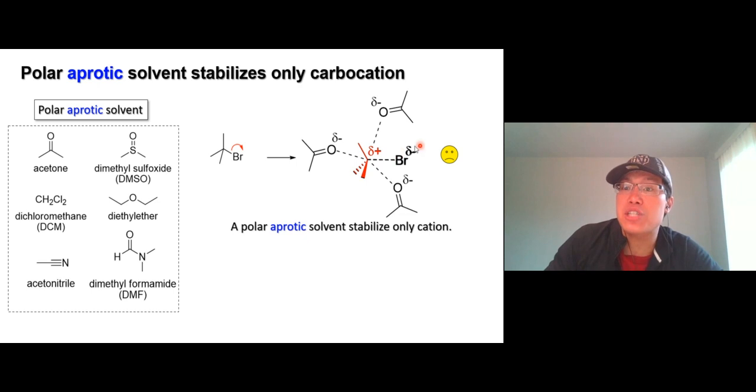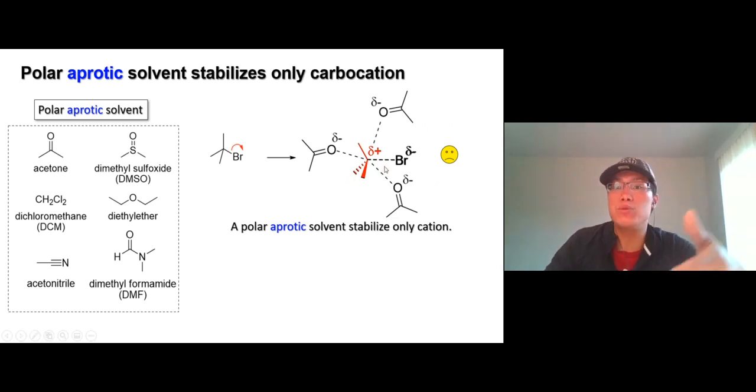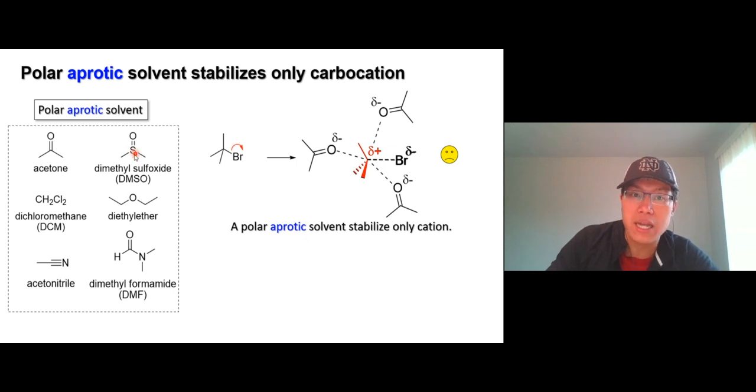So we just say it doesn't stabilize the anion. Compared to when it was in a protic solvent, it is relatively unstable. It's stable, but relatively unstable compared to when you use a protic solvent. It's the same thing with sulfur: it's positive, of course, but it's sterically hindered by the methyl groups around it, so it's really difficult to stabilize the negative charge.